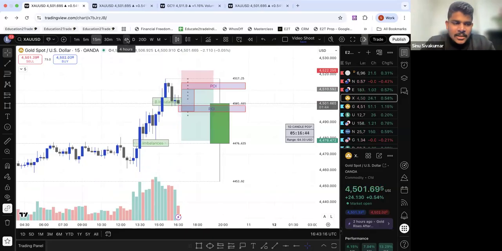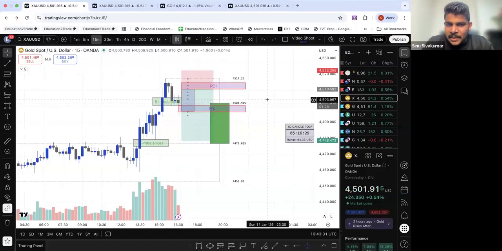If you are joining from India or any other location, please consider 30 minutes before and 30 minutes later to the 4-hour candle opening time, and you will be doing this analysis. Pretty simple, candlestick addition. You will be adding on 4 hours.